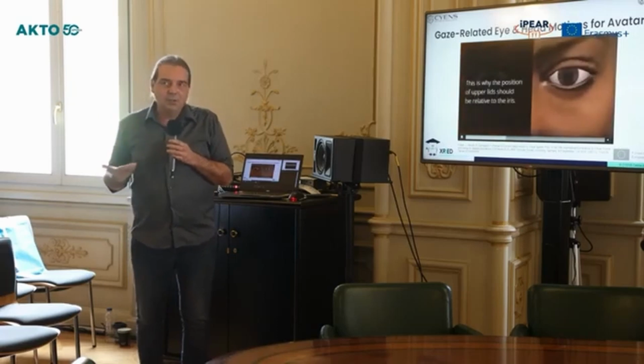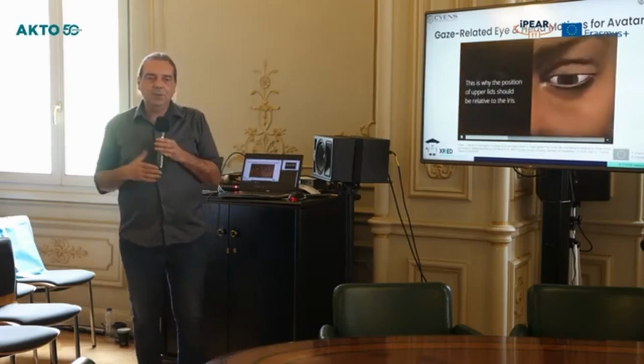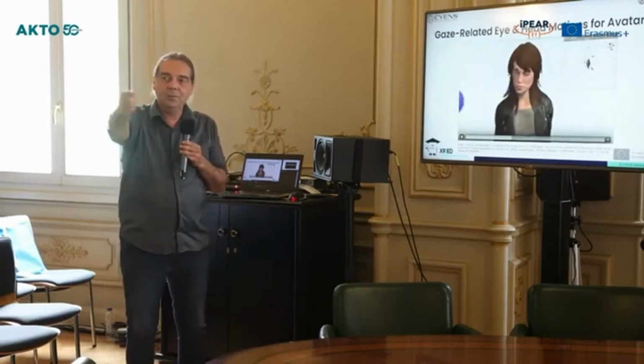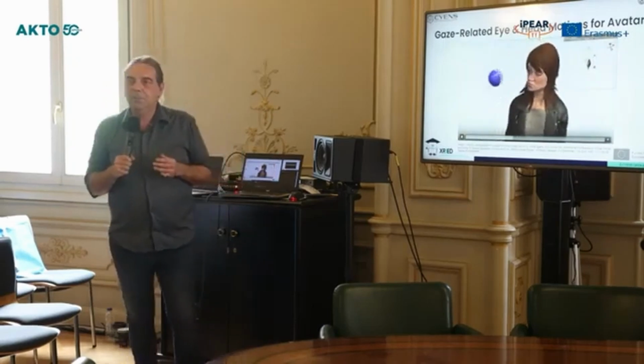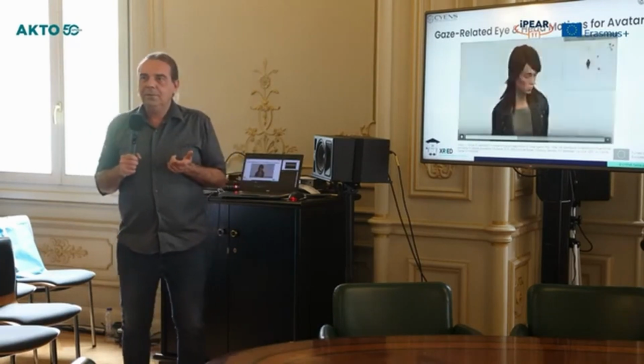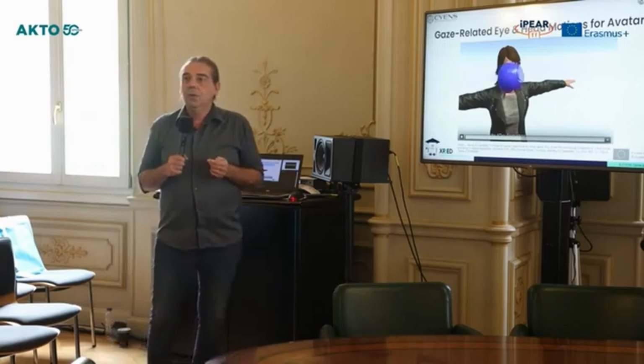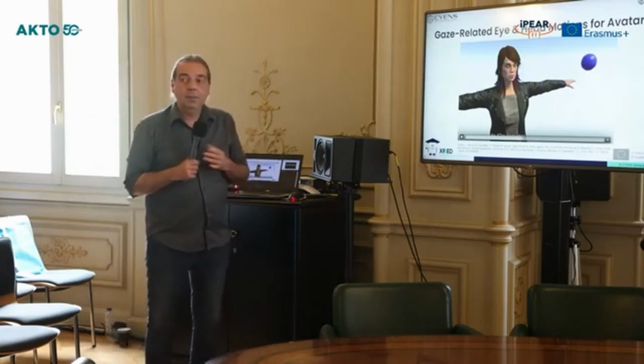It makes a huge difference if you see a person in VR or AR looking at you, at your eyes. If you see the blue ball here is basically the person, it's you. And in VR or AR, the person is staring at you as you're moving around this virtual person. And also the head is moving as well.